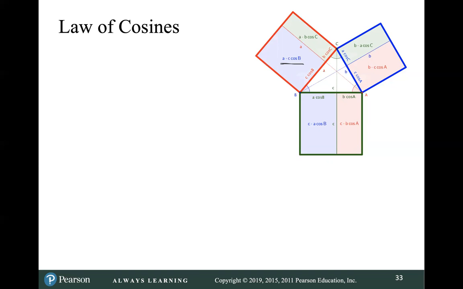So here we have A times C times cosine of B. The rectangle that's next to it but not in the same square, not off of the same side of the triangle, has the same area, C times A times cosine of B. Because multiplication is commutative, C times A and A times C are the same. And we can see that happens for all 3 of these sides.